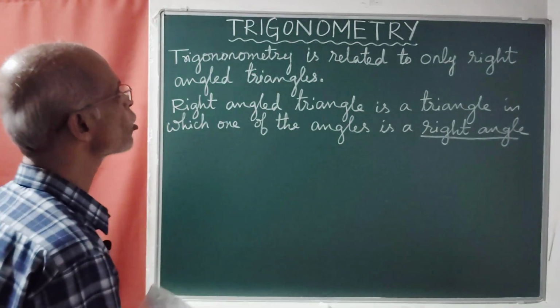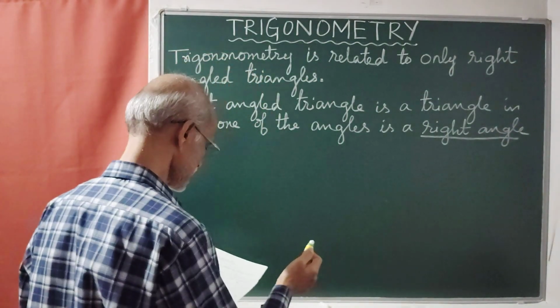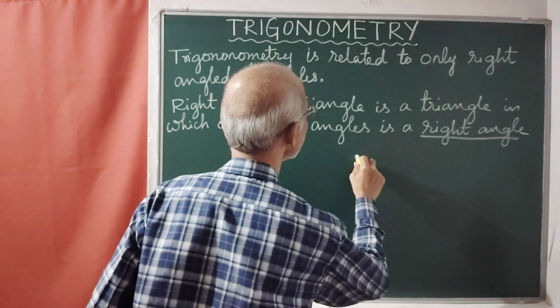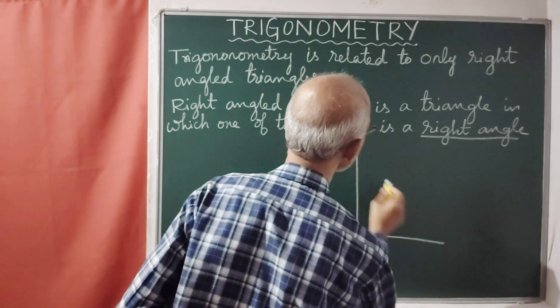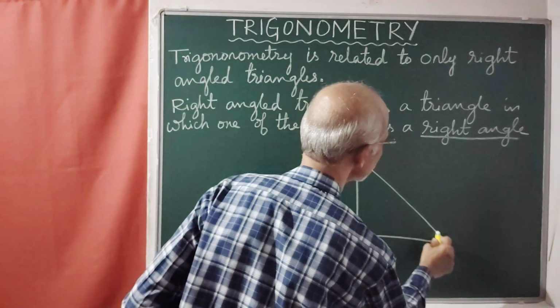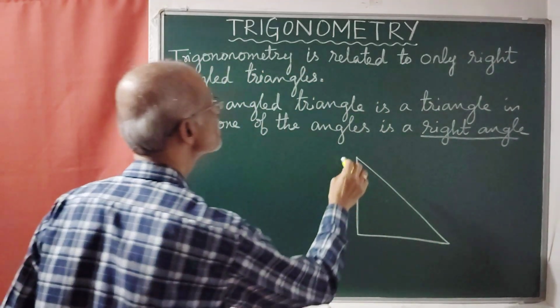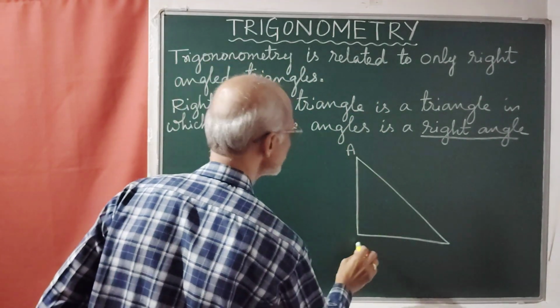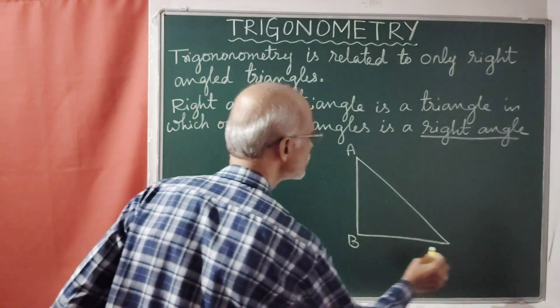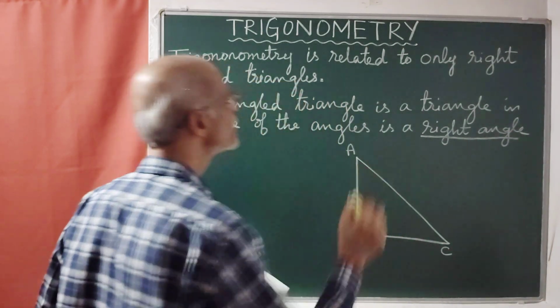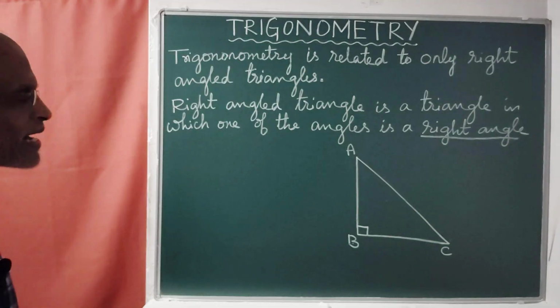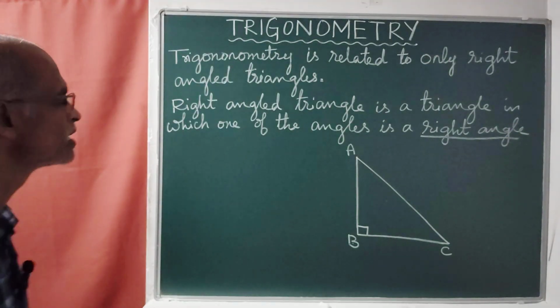Now I will draw a right angle triangle. Triangle ABC is a right angle triangle.